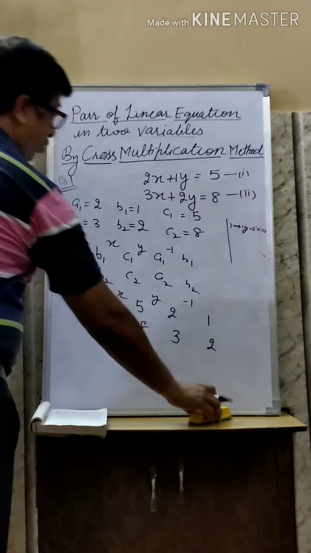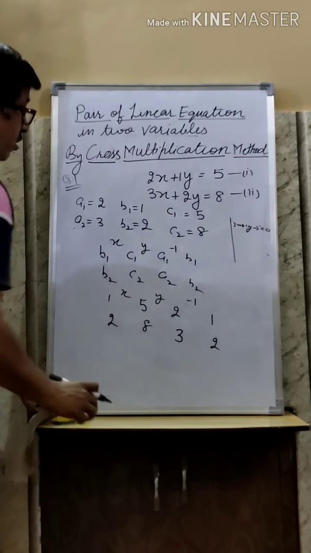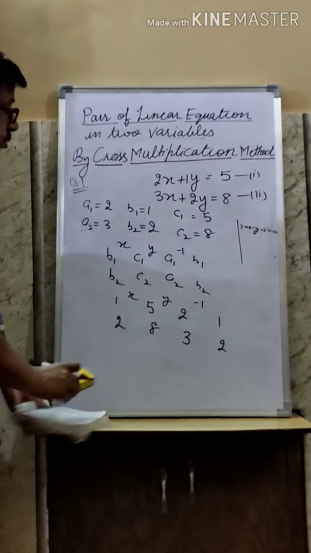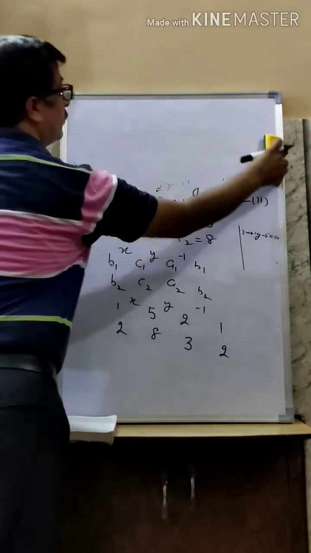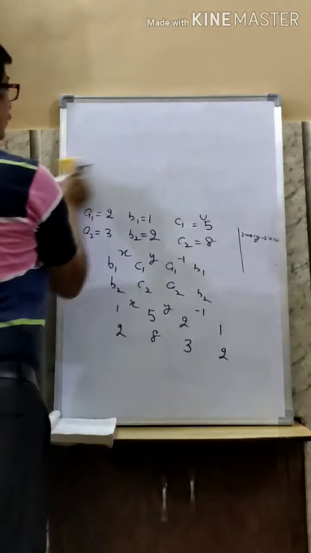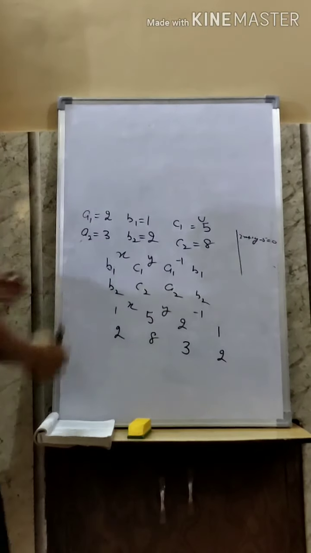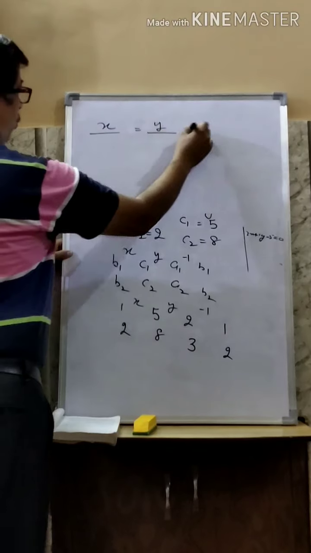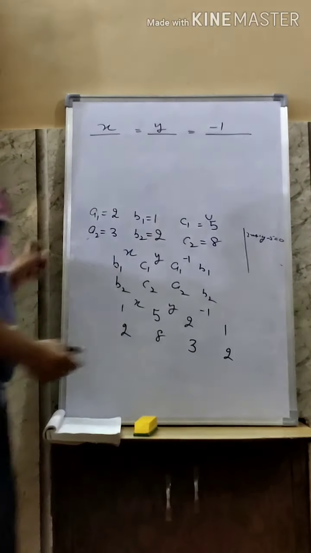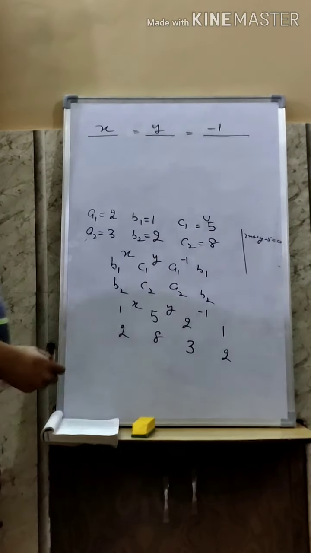So we should start, you see here. x upon, you see, if I am writing here, x upon is equal to y upon is equal to minus 1 upon.